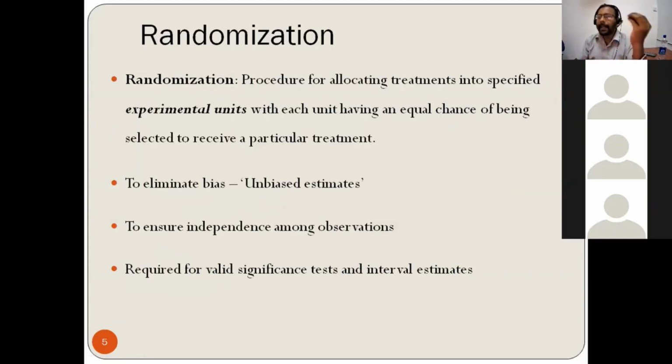Then we took them one by one, giving equal chance. Actually, what is the purpose of doing this randomization? The purpose of doing this randomization is to get the unbiased estimate.